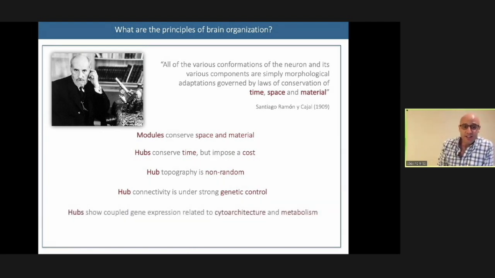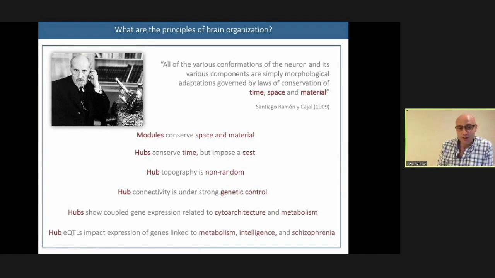We've also seen that connected hubs show tightly coupled patterns of gene expression related to cellular architecture and metabolism, and that eQTLs for hubs also impact the expression of genes related to metabolism, intelligence, and schizophrenia. And so something that we're interested in following up is whether genetic influences on intelligence and risk for schizophrenia are mediated through their effect specifically on hub connectivity.